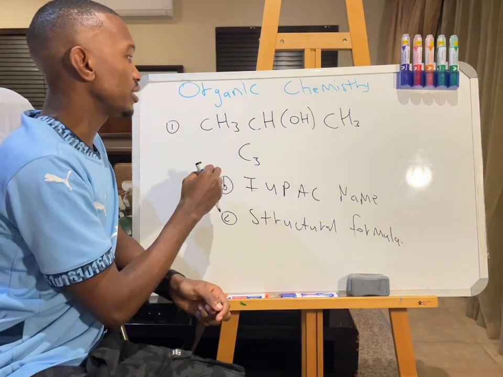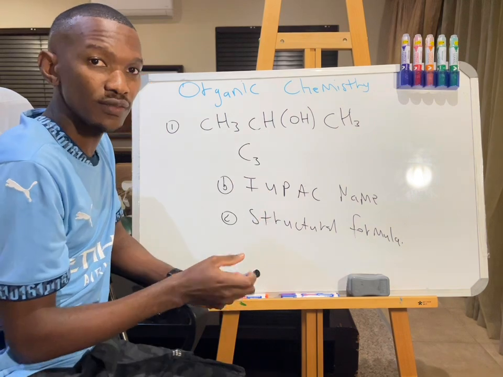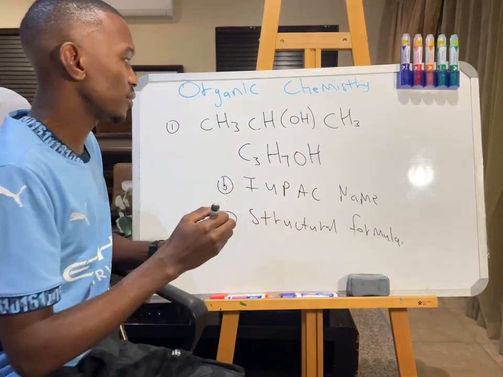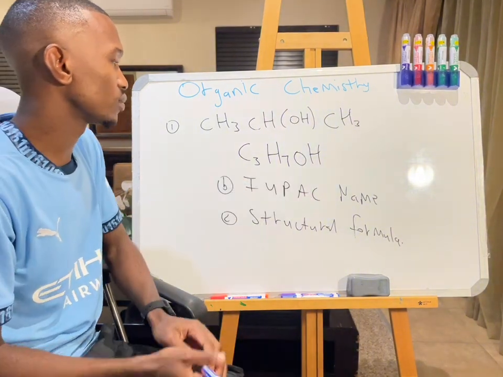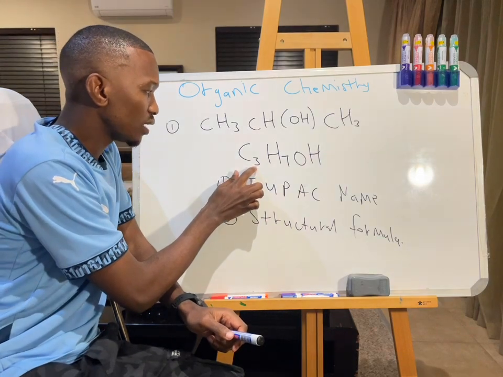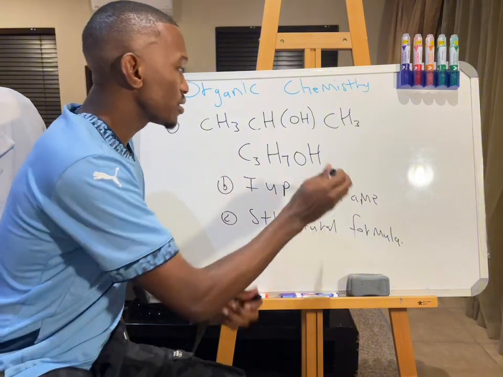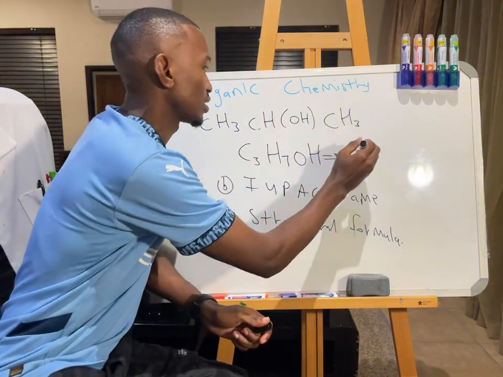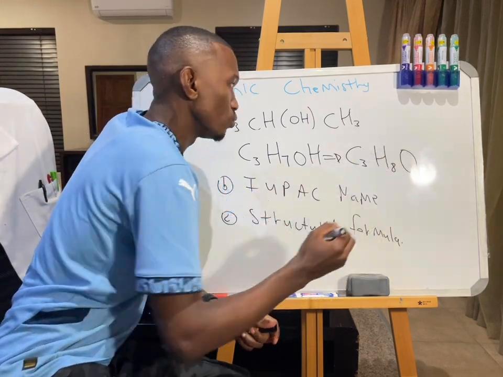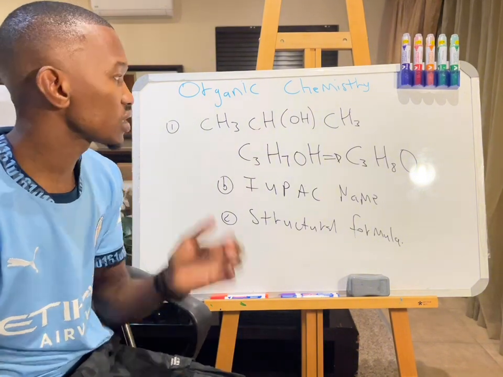How many hydrogens? 3 plus 3 is 6, plus 4 with the other one, you basically have 7. So what does this represent? 3 carbon atoms in this molecule, then 7 plus 1 hydrogen gives 8. This implies C3H8O.